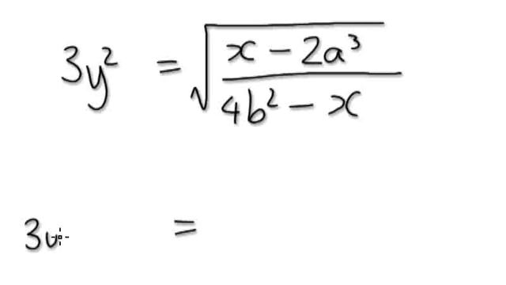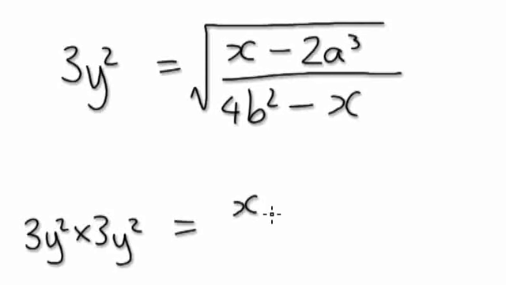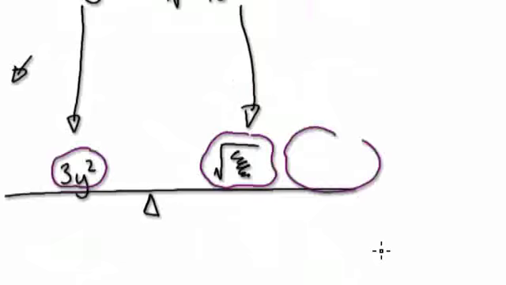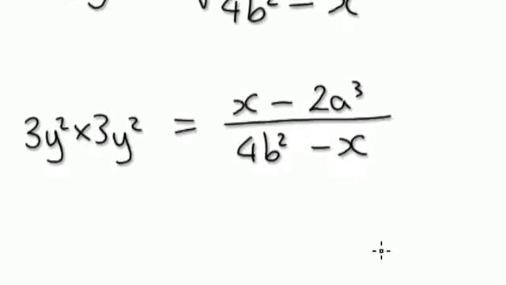So it would be this y squared times by itself on this side, and on the right hand side, the square root sign goes. So it will be this over 4b squared minus x. Hang on, let me just double check something. Yep, that's right.